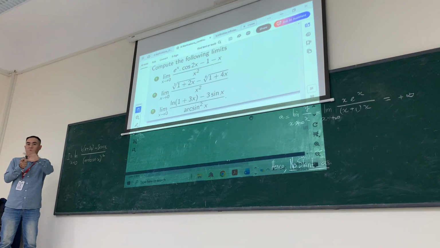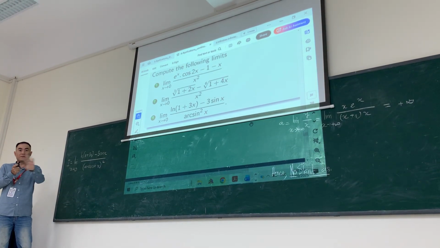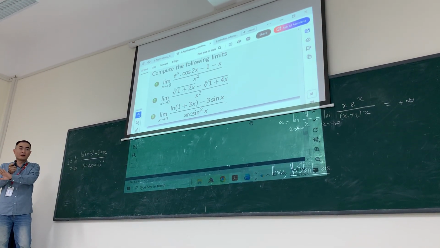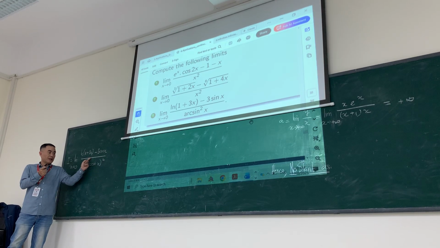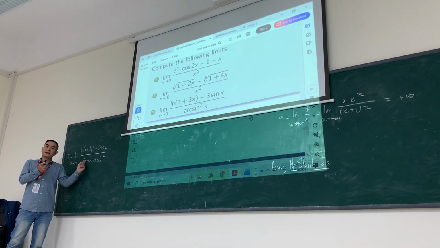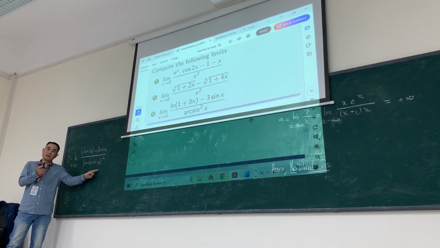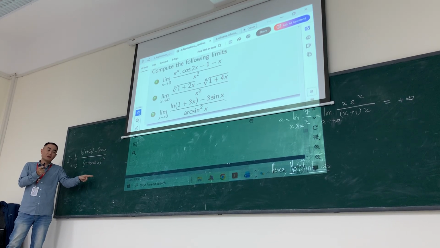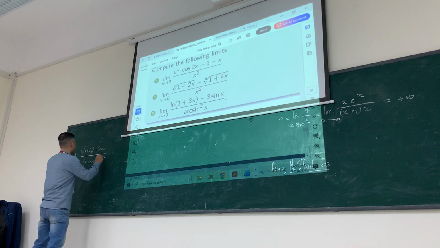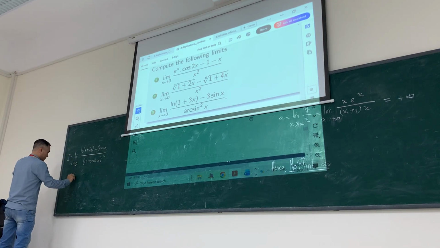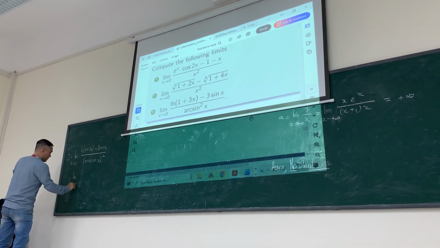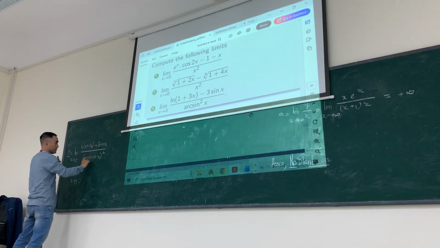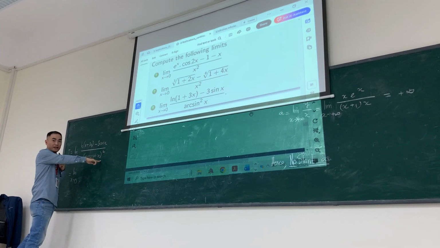Alpha we can replace by alpha-tilde, beta replaced by beta-tilde. From sin x equivalent to x when x tends to 0, the limit here we can express by the limit as x tends to 0. We can replace the denominator here by x squared.